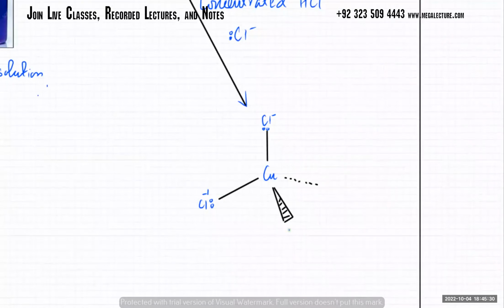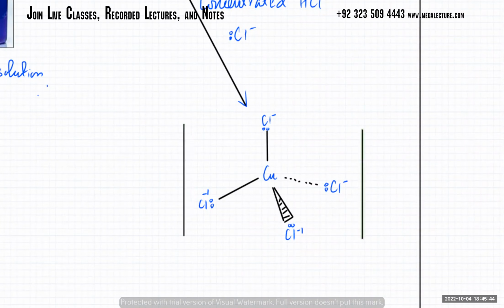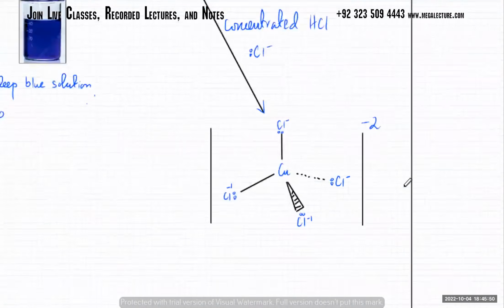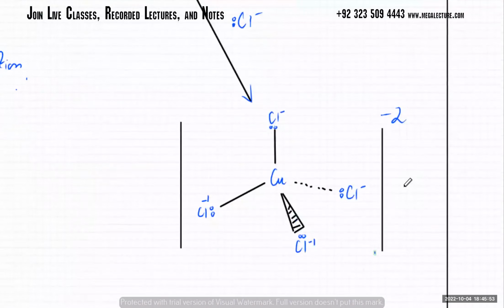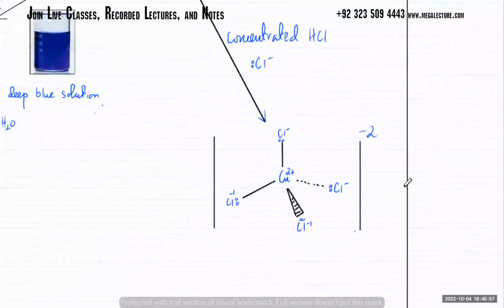There's a Cl minus 1 that's getting attracted from the bottom, and there's a Cl minus 1 that's getting attracted from the right side. And this entire thing will have a charge of -2. Okay, so this entire thing will have a charge of -2 because copper was the one in the middle that had a 2 plus charge, and all the others had Cl minus 1 charges.